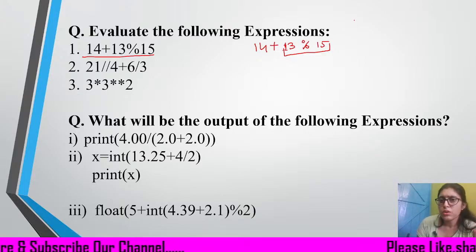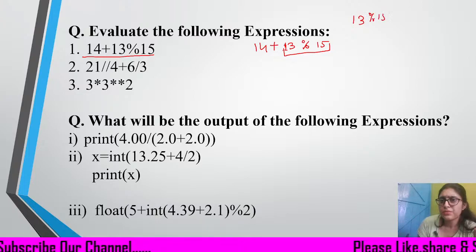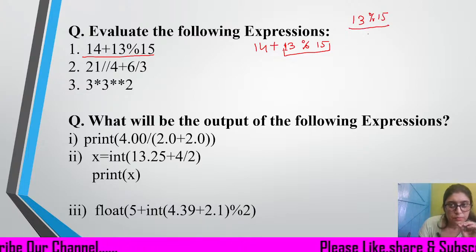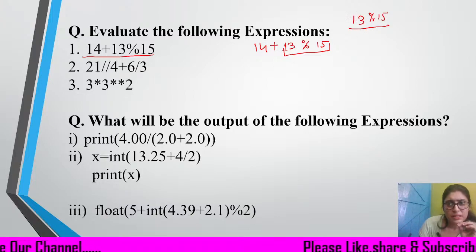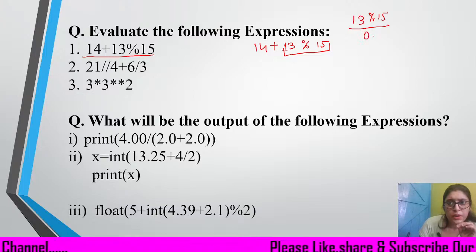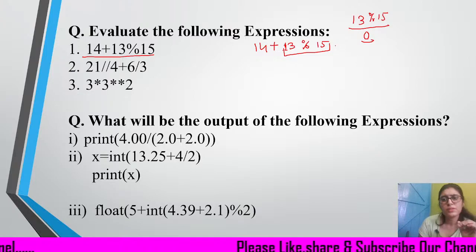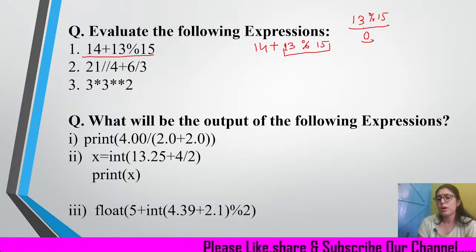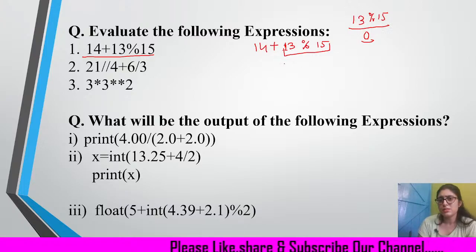Okay, so 13 modulus 15, what will it give you actually? If I divide 13 by 15, it will come 0 point something, isn't it? So this modular division will give you actually 0, nothing else. So whenever we do a smaller number modulus a greater number, it will result in 0.